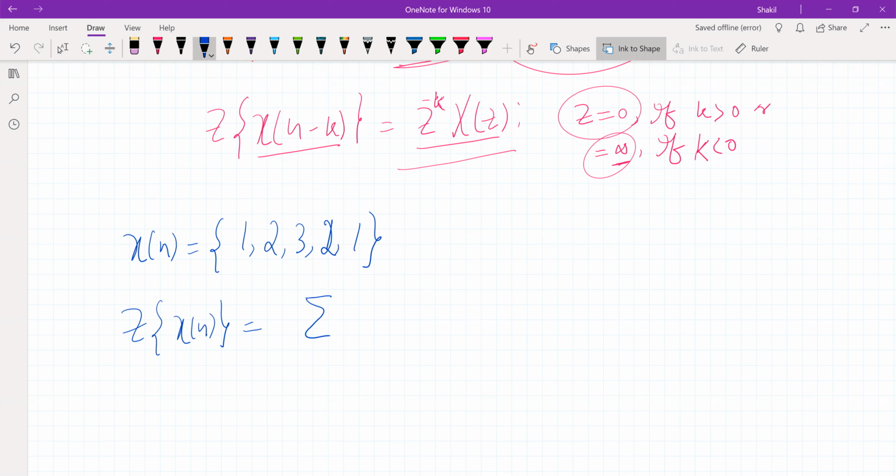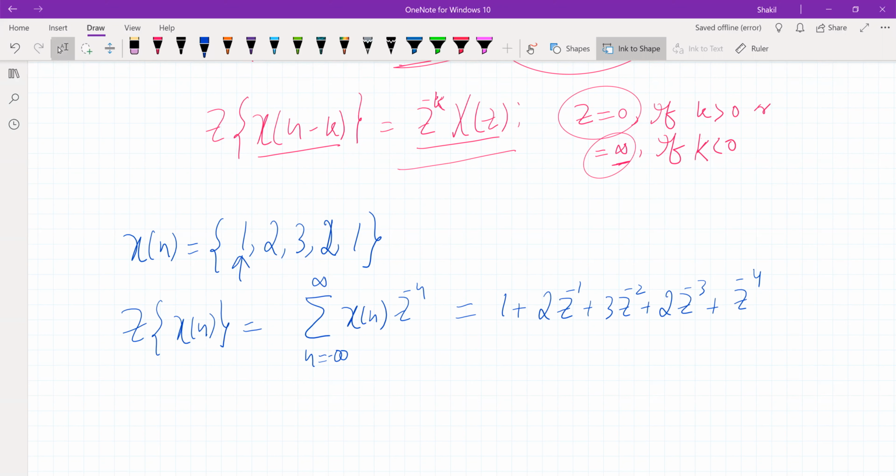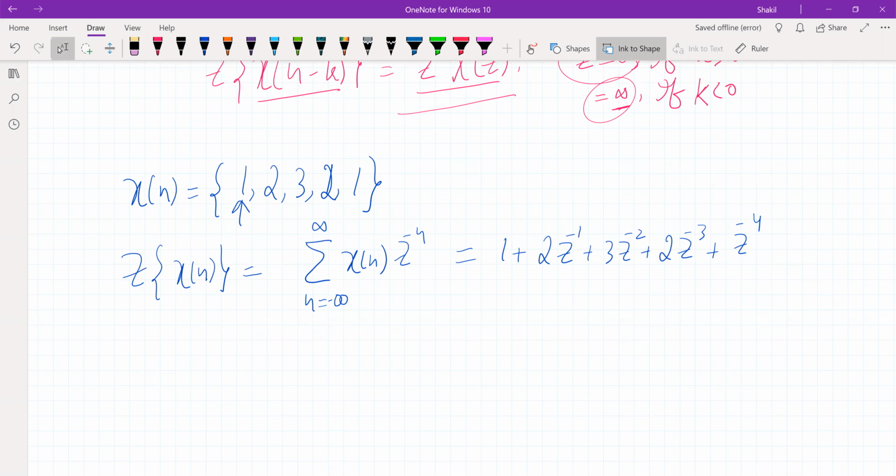You can compute it again by substituting the values of x of n when n varies from minus infinity to plus infinity. This will be simply 1 plus 2 z inverse plus 3 z minus 2 plus 2 z minus 3 plus z minus 4. So this is the Z transform of x of n.